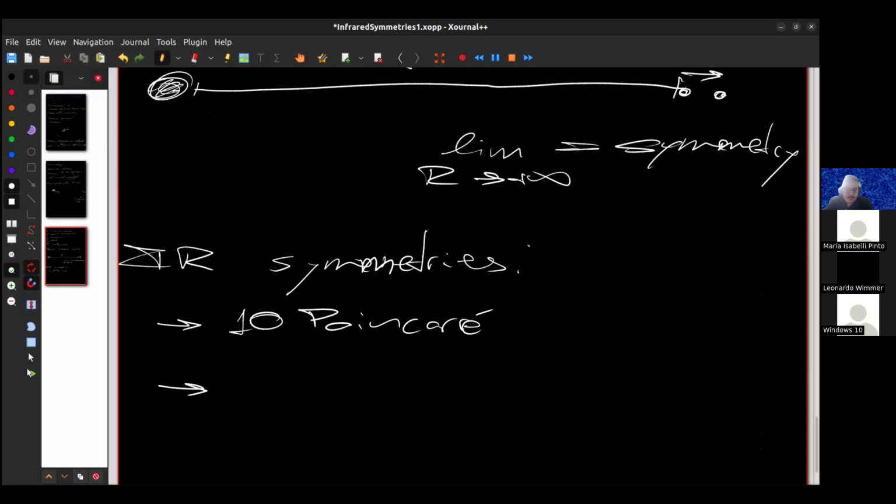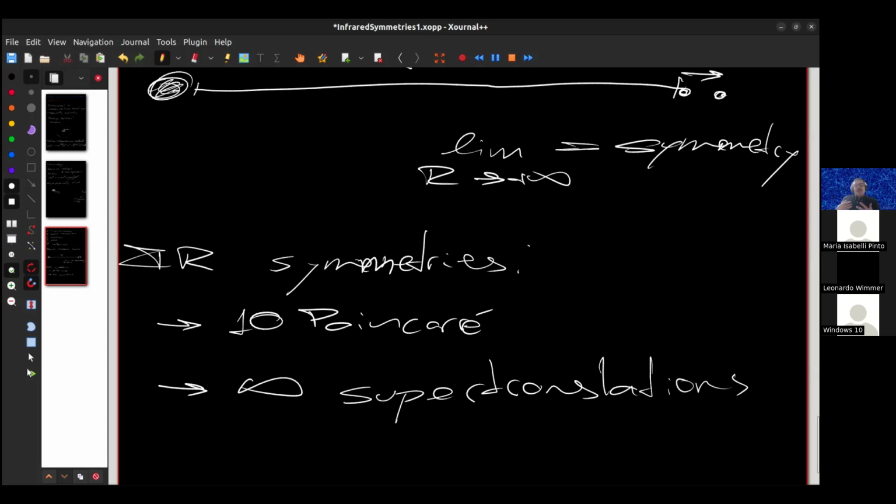But also you have infinitely many symmetries which we call supertranslations, which are a different sort of symmetry. They generalize the concept of translation that you have in Minkowski spacetime, and they are only exact symmetries at infinity.